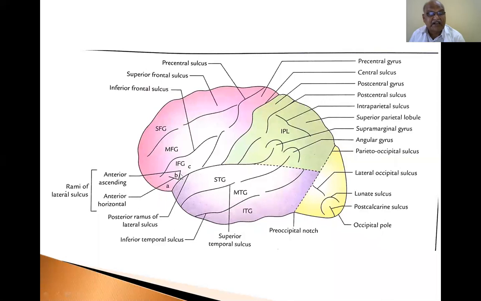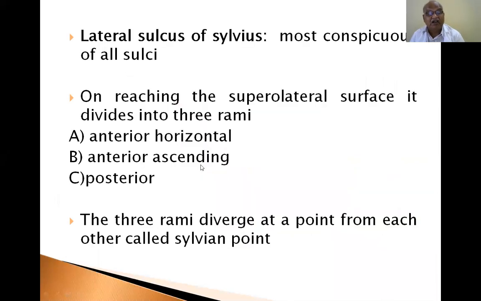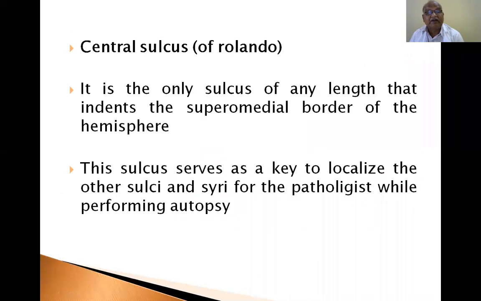This is the anterior ascending ramus, going upwards, dividing this area into A, B, and C. So this is divided into A area, B area, and C area. These three areas are called the Sylvian point.